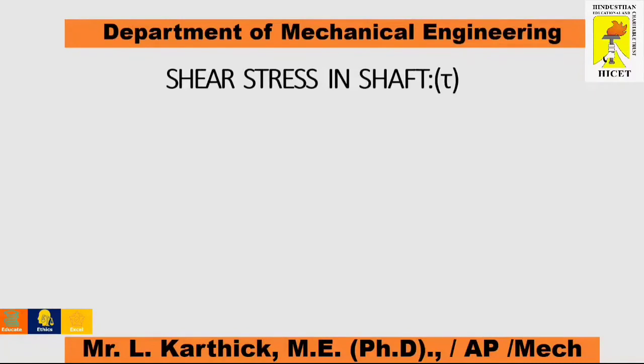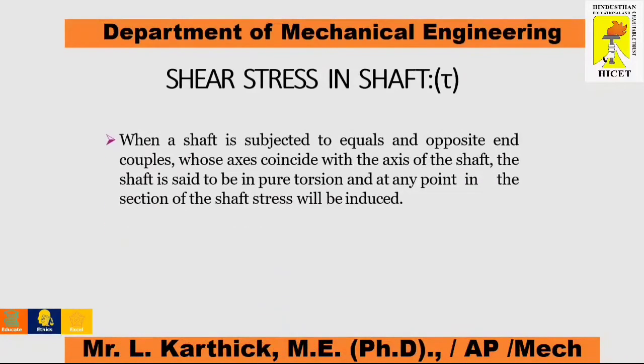The next one is shear stress in shaft. So what is meant by shear stress in shaft? Whenever we apply a load over the shaft, or whenever it is subjected to torque, there will be equal and opposite couples whose axes coincide with the axis of the shaft.